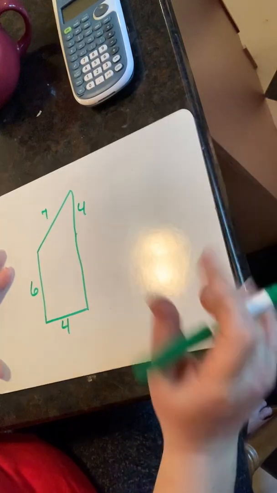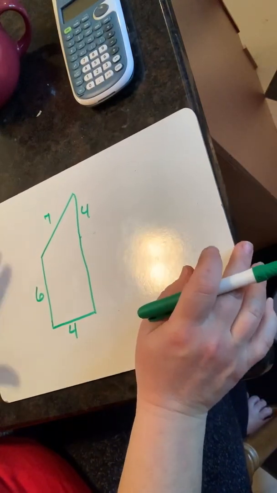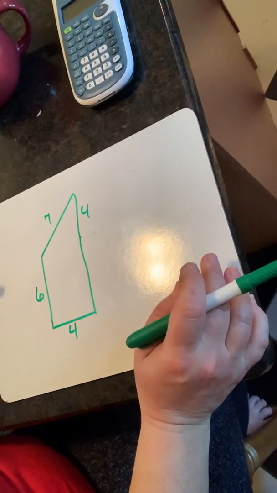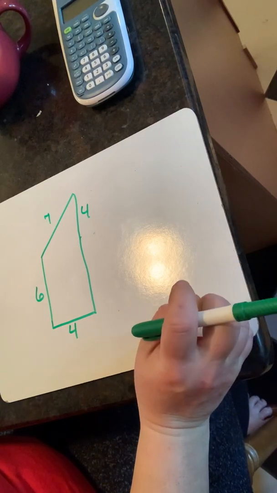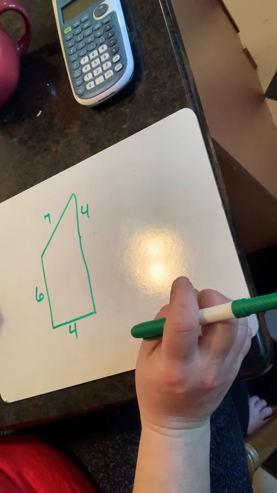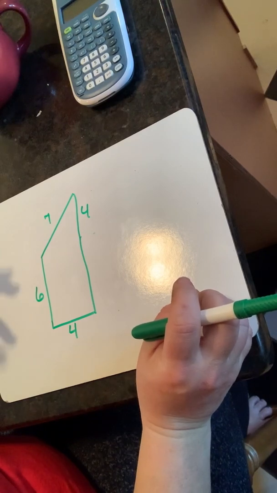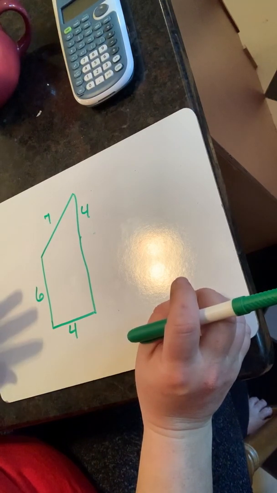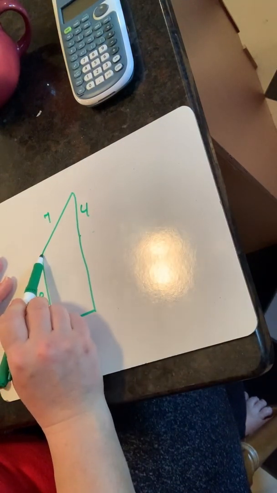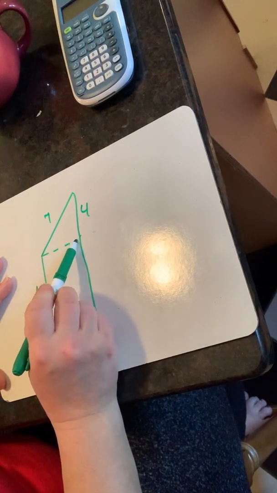So I drew a shape on my piece of paper. You could say it's a trapezoid, because it kind of is. Actually, it is a trapezoid. But we're going to look at it in its two components. Trapezoids are basically rectangles and triangles put together. So with this trapezoid shape, we're going to look at its components.